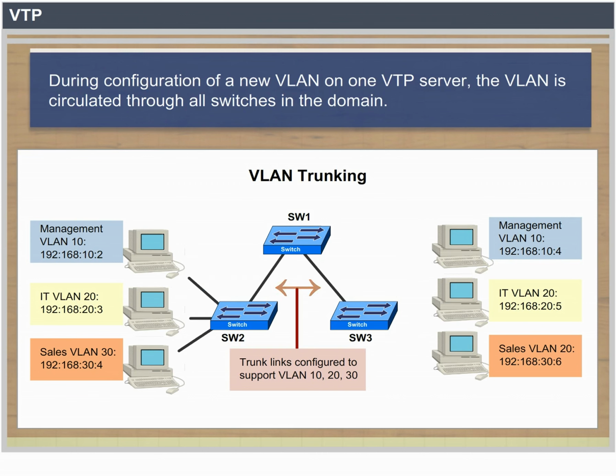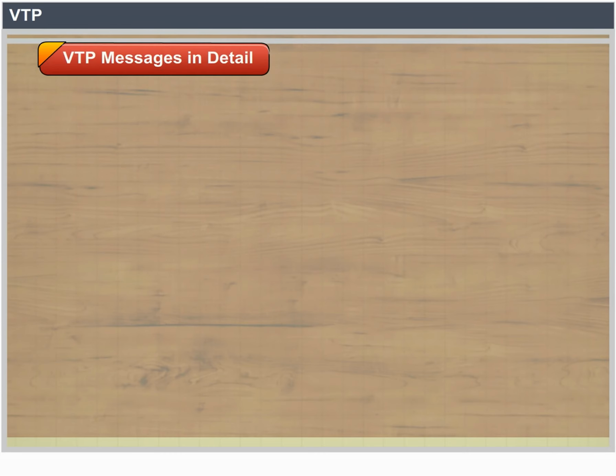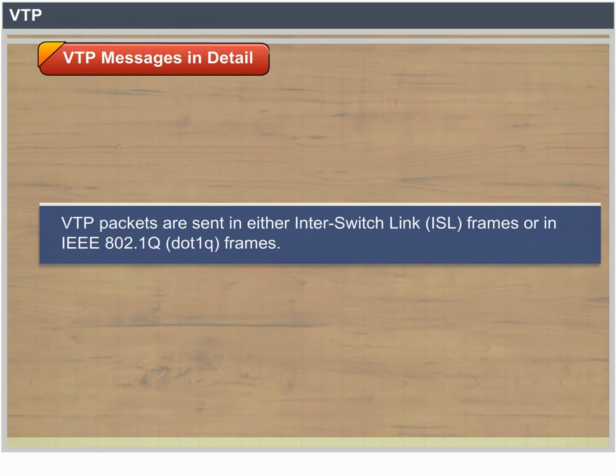VTP is a Cisco proprietary protocol that is available on most of the Cisco Catalyst series products. VTP messages in detail. VTP packets are sent in either inter-switch link or ISL frames or in IEEE 802.1Q frames.